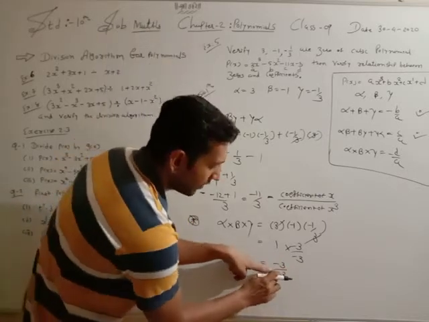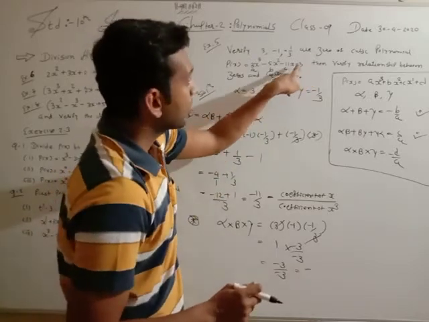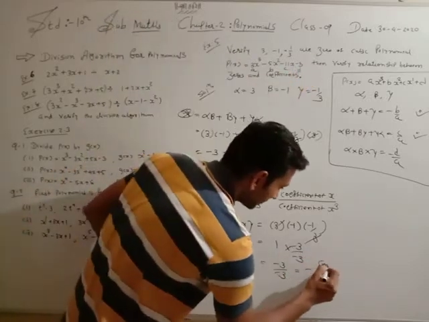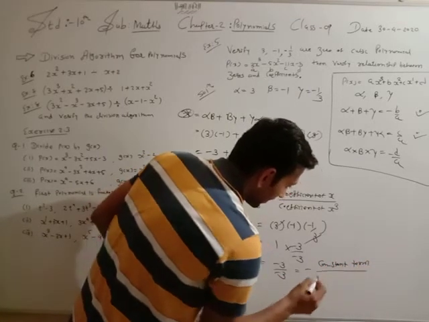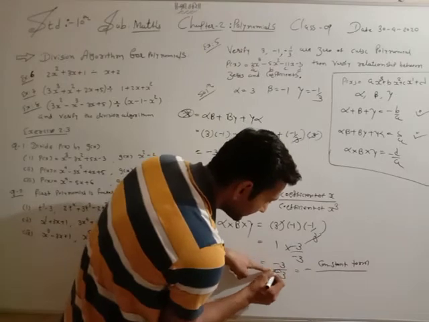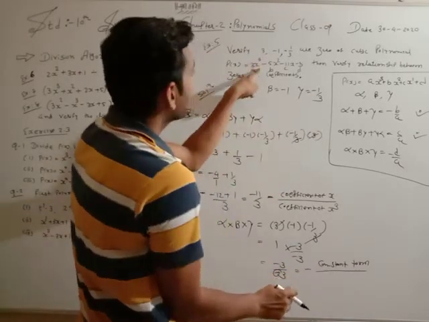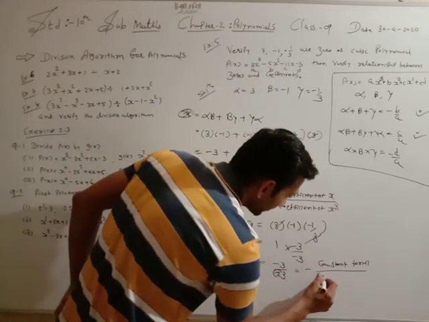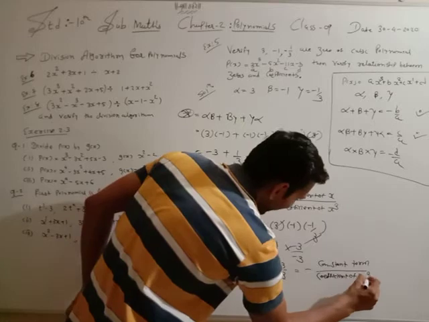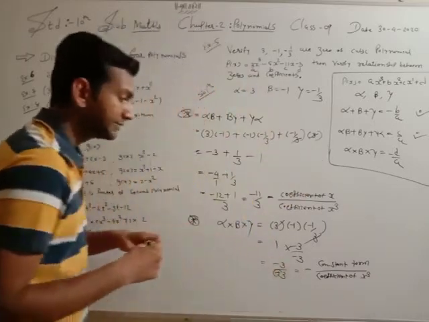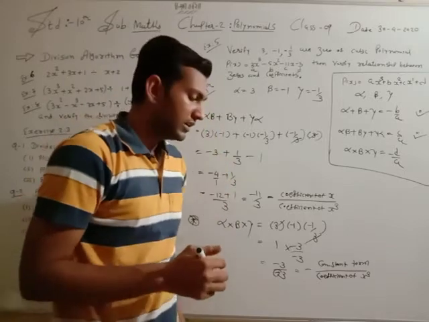So 1, minus as it is, and minus 3 is the constant term and 3 is the coefficient of x cube. Okay.